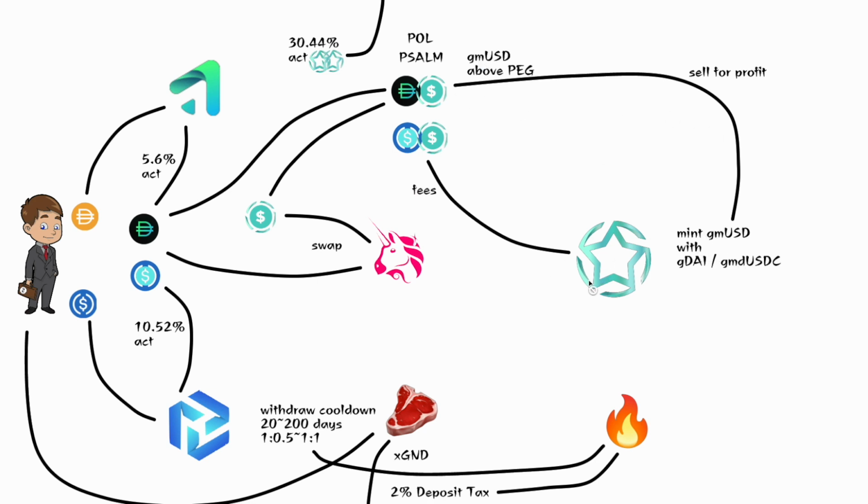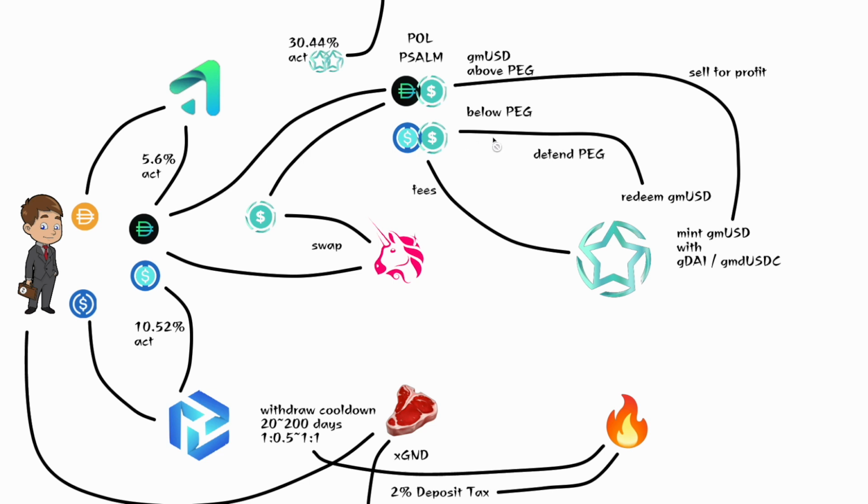Now, like I said, the protocol is the only one who can mint GMUSD, so it's the only one that can take advantage of this above-peg opportunity. Now, when it's below peg, the protocol can redeem the GMUSD, so it's also going to have GMUSD from fees, and maybe it's going to hold some as well. And it can redeem GMUSD for the underlying tokens and use that to defend the peg.